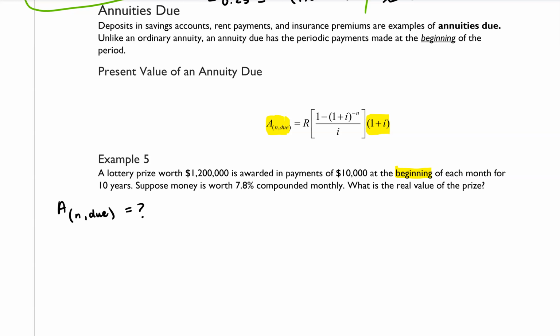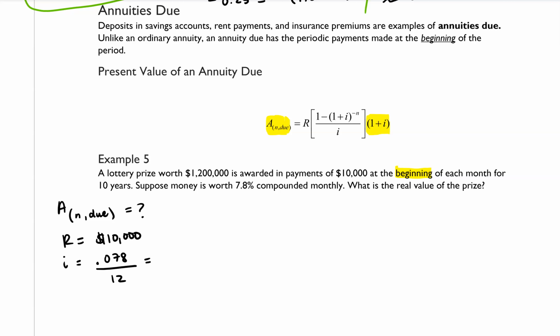We don't know what that is. We do know the regular payment amounts will be $10,000. We know that the interest rate is 7.8%, and we are compounding monthly.